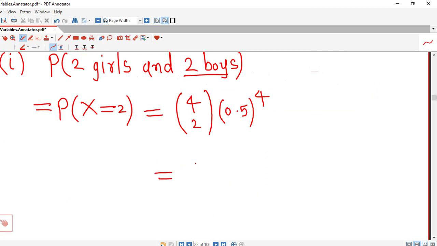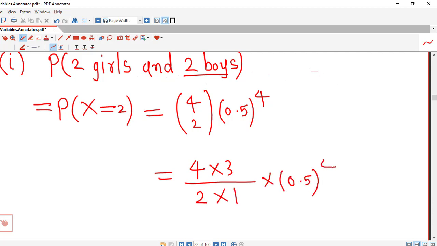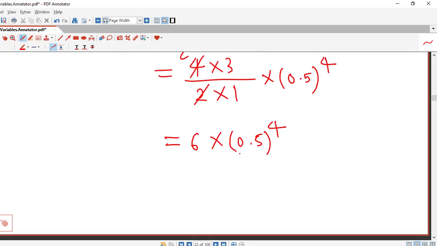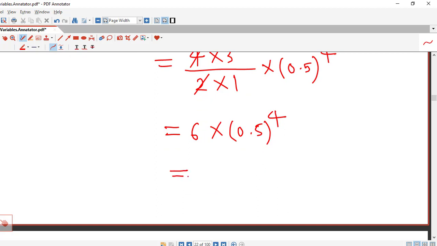So this we can simplify as 4C2 means 4 into 3 divided by 2 into 1, times 0.5 raised to 4. So here we have 6 times 0.5 raised to 4, and I can use a scientific calculator to find out this value.